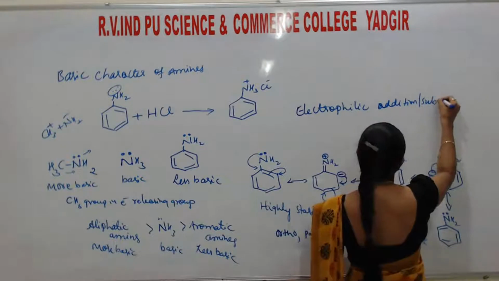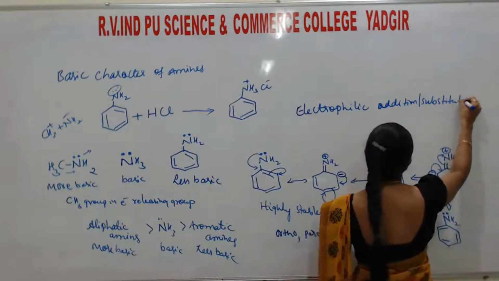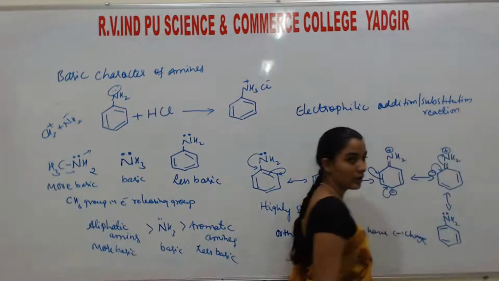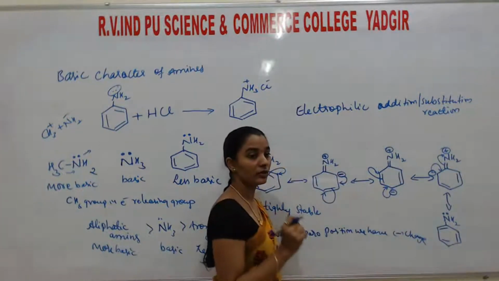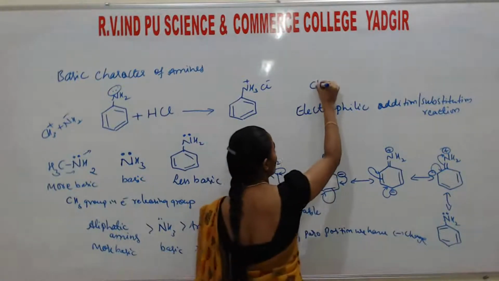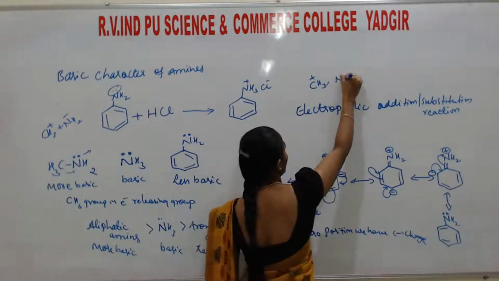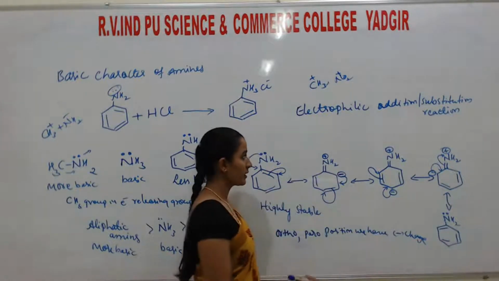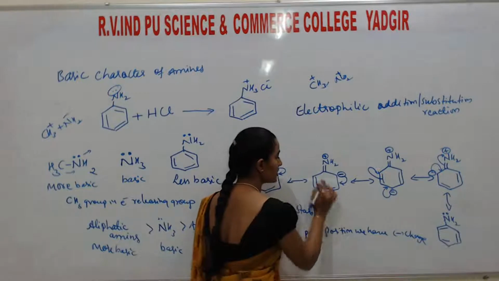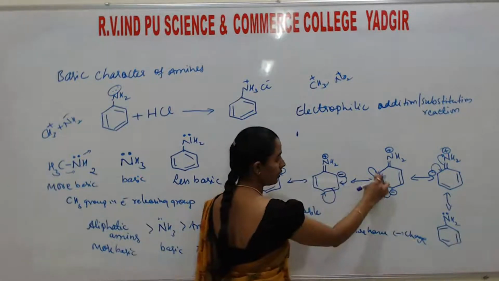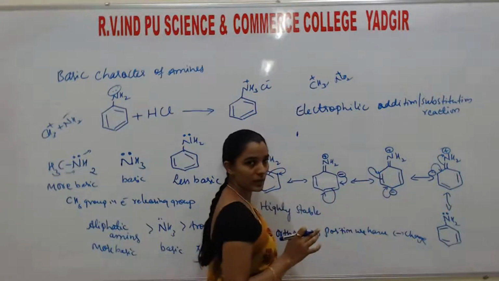Electrophile means electron loving, the species with a plus charge, like CH3 plus, NO2 plus, etc. Except, the meta position is there. Ortho and para negative means meta must be positive.